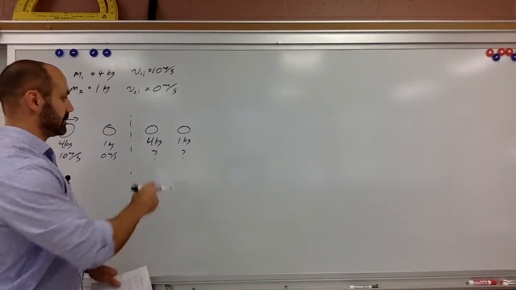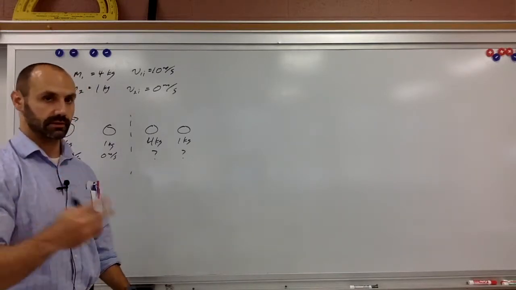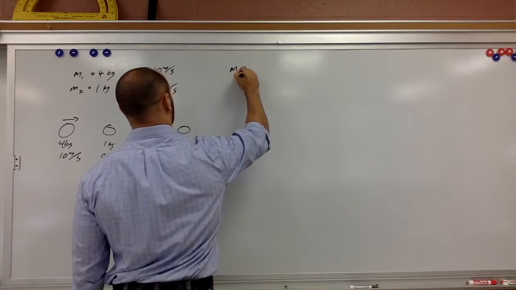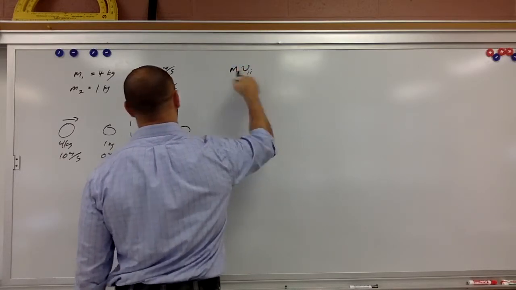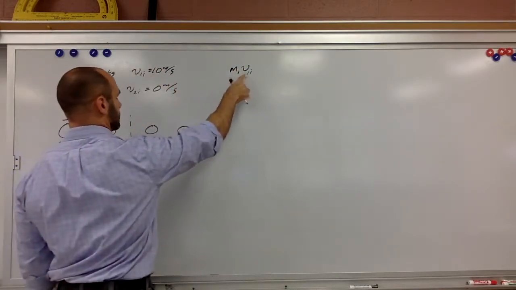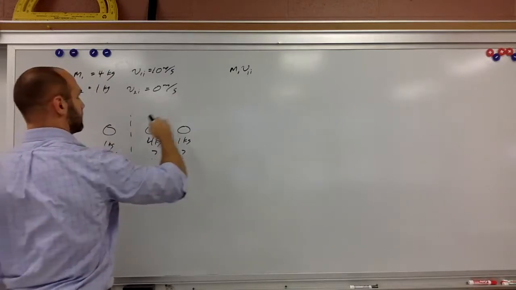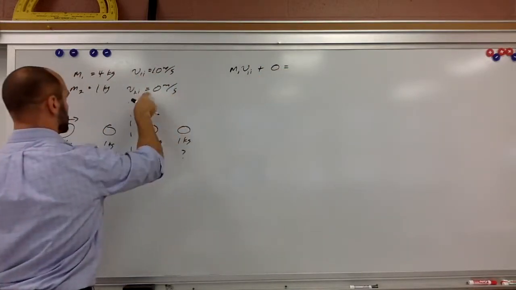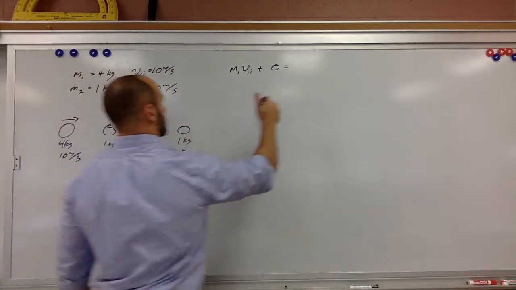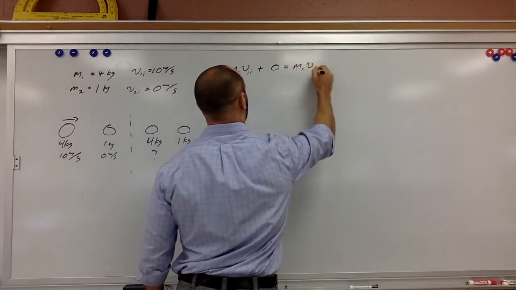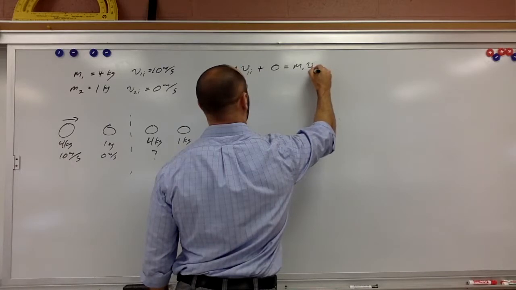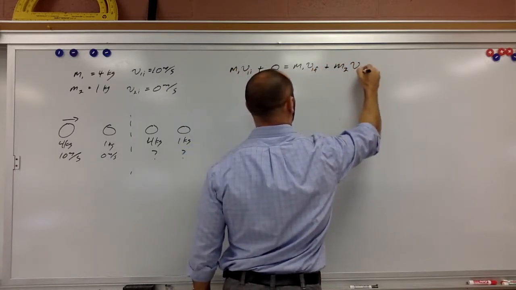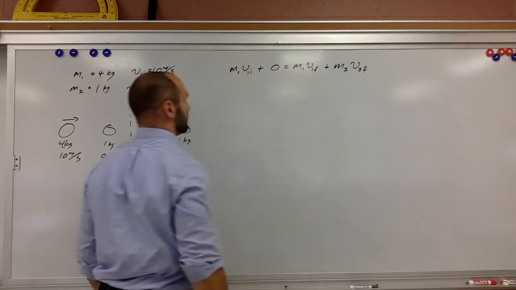Because this is elastic, we can write two equations. We can write the momentum equation, right? M1 V1I, which is what I did here, the initial velocity of this ball, plus 0, right, because the momentum of this one is 0 to start with, equals M1 V1F plus M2 V2F. All right.